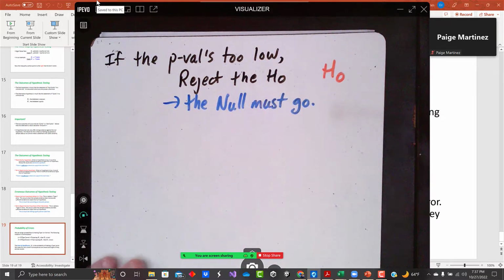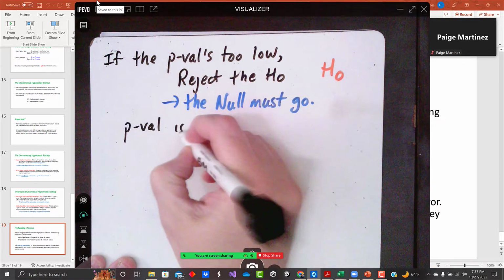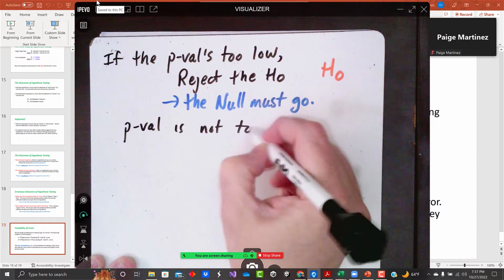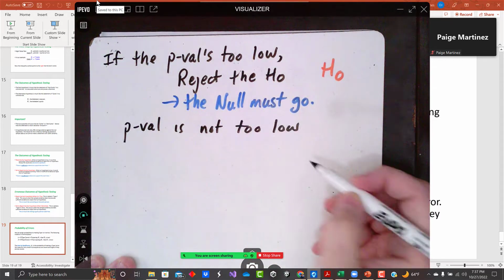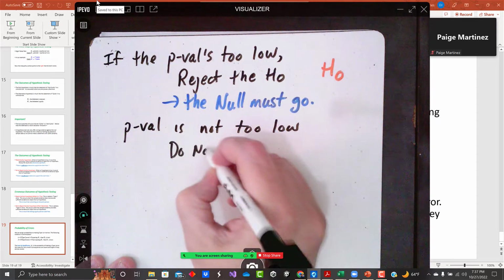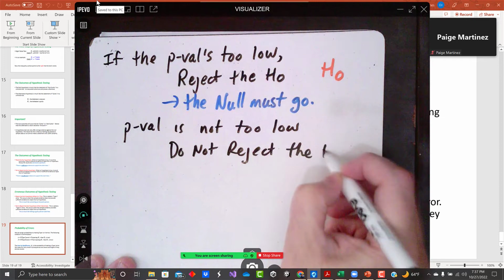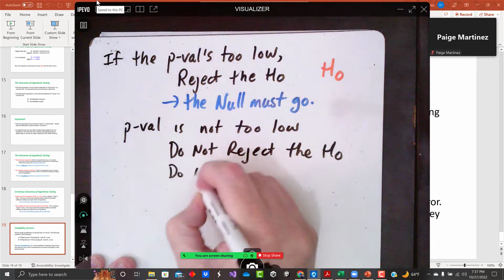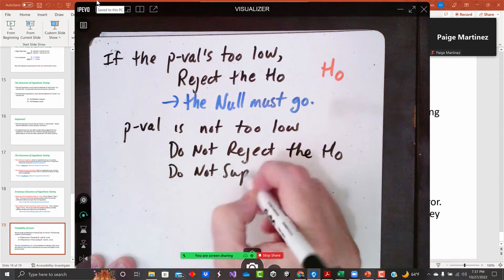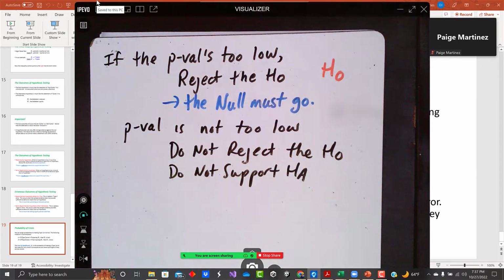Because it's implied that if the p-val is not too low, we don't. And it even matches up, the nots match up here.